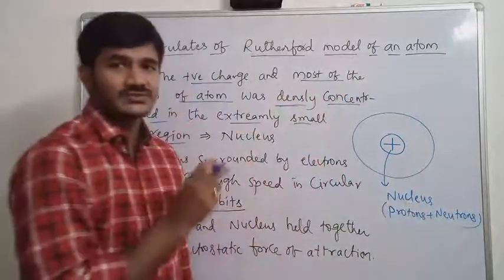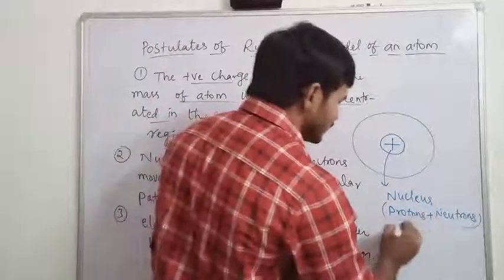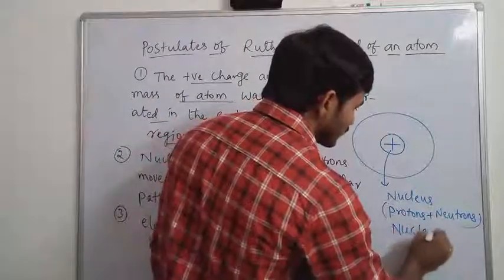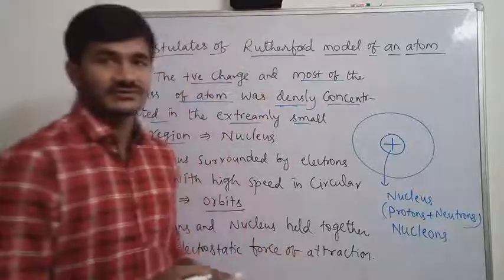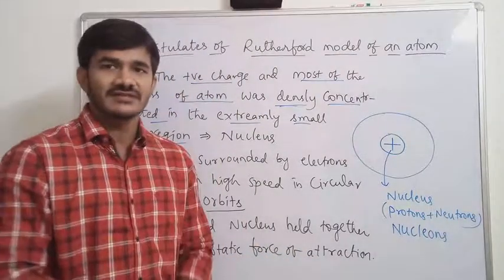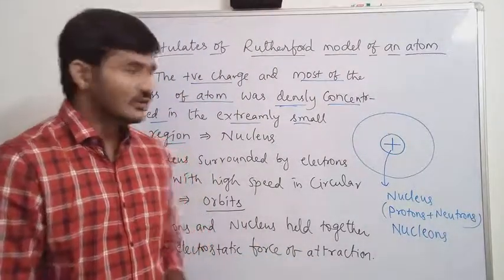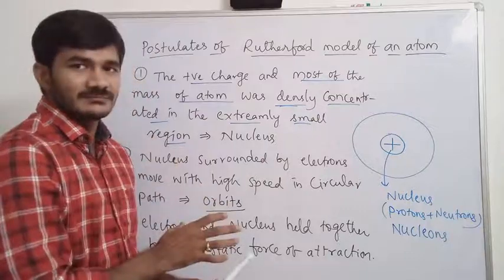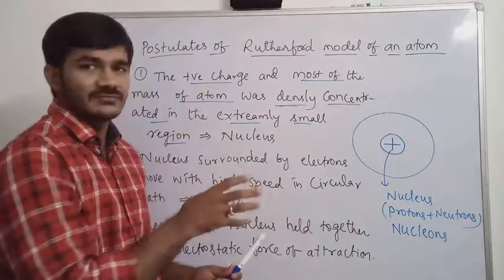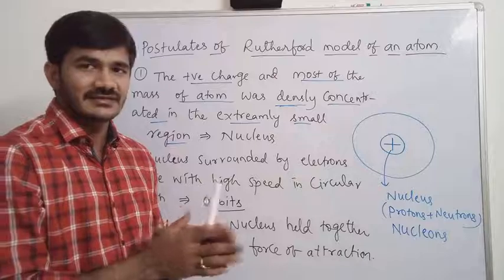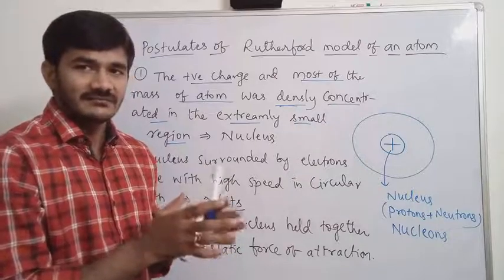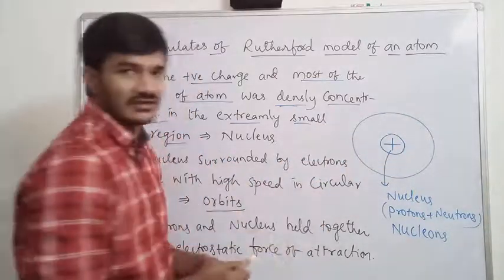Protons and neutrons together are called the nucleus. They are also called nucleons, the sum of the protons and neutrons. So according to the Rutherford model, the total mass of an atom is concentrated in the center of the atom, the nucleus.